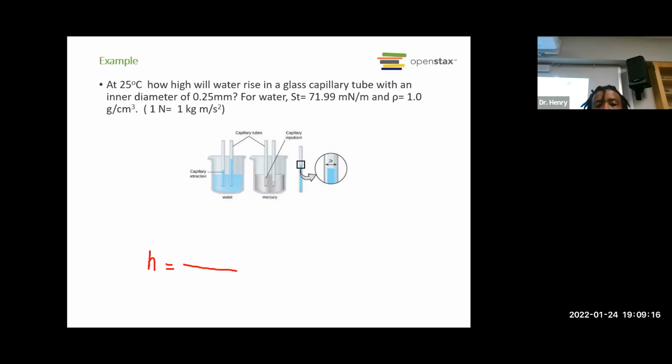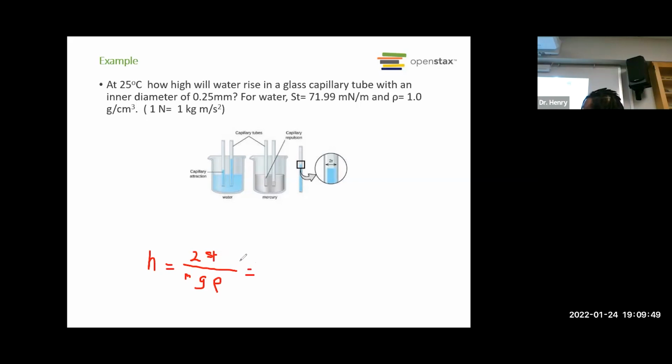So we know our equation is going to be h equals 2 times ST times cosine of theta, and in this case cosine of 0 will be 1. Is that right? Okay, so it's a 0 degree angle. And then we have r, g, and rho.